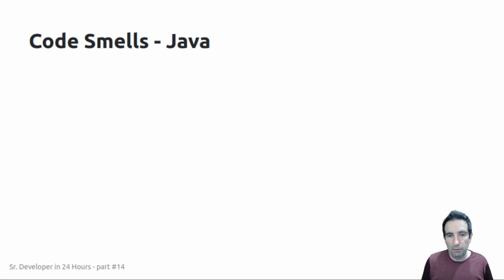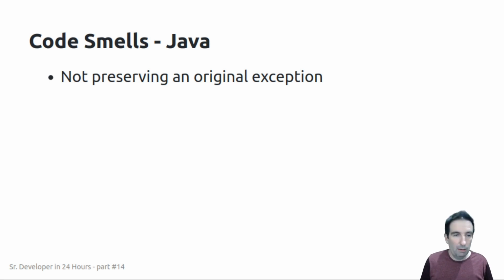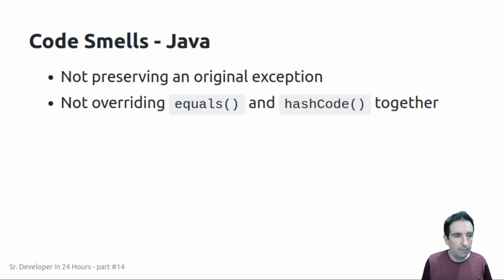So if we're talking about Java, we can talk about things like not preserving an original exception. When we catch an exception and we throw another exception, we are just ignoring the original exception. That can make it a lot harder for us to track errors and things like that.